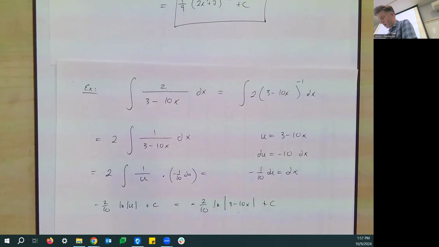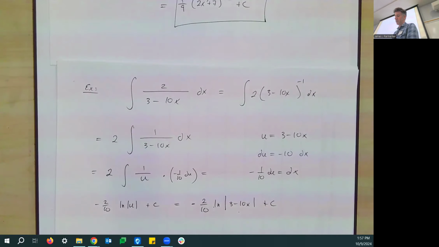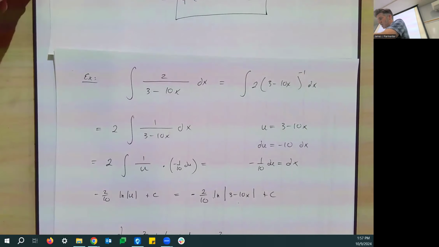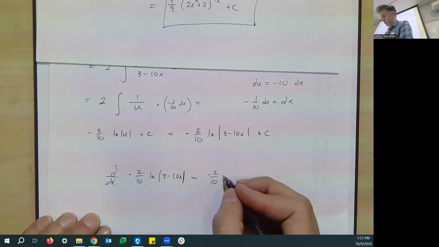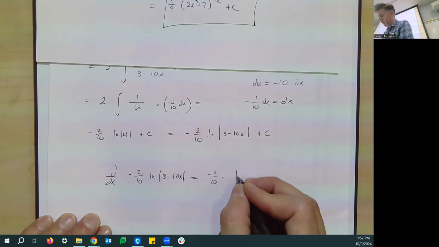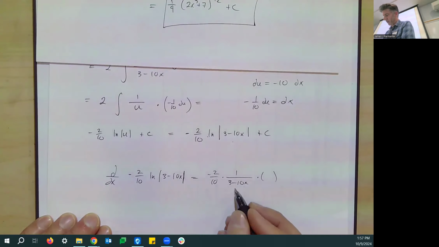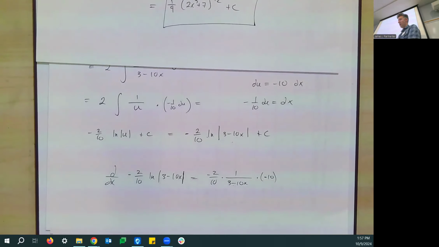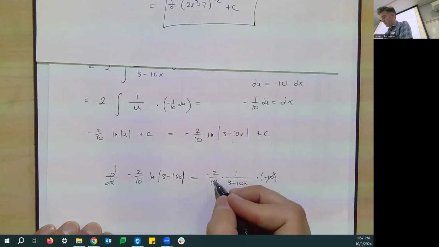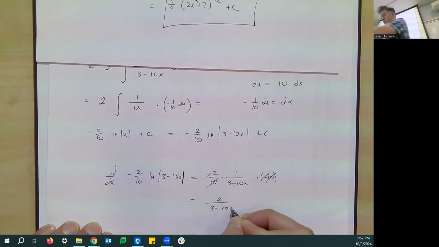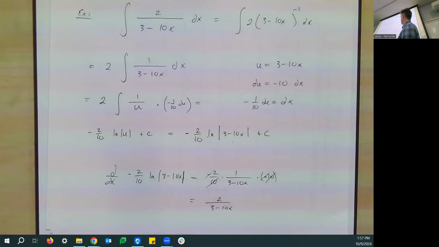If I took the derivative of negative 2/10 times the natural log of the absolute value of 3 minus 10x, I'm going to get negative 2/10 times the derivative of the natural log of something, which is 1 over the something multiplied by the derivative of the something, which is negative 10. And then the 10 cancels the 10, the negative cancels the negative, and we end up getting 2 over 3 minus 10x, like the function we started anti-differentiating in the first place.